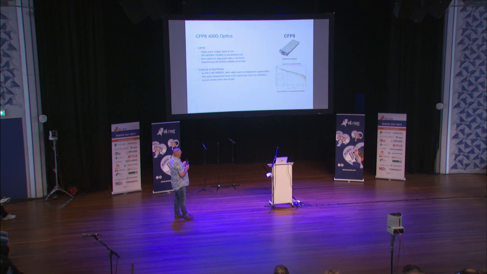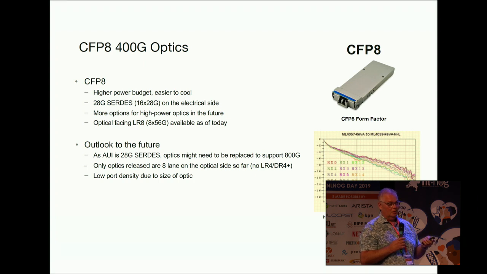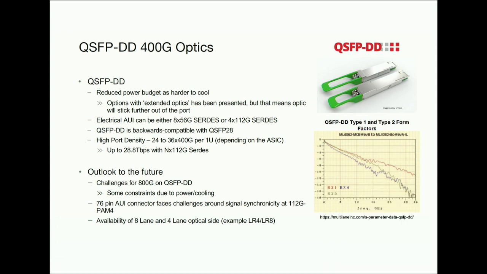So this is on the CFP8. The challenge here is that because of the limited number of SerDes the optic supports, 800 gig is questionable. Whereas with the next standards, that's the QSFP-DD or the OSFP, the OSFP, at least, will support 800 gigE.